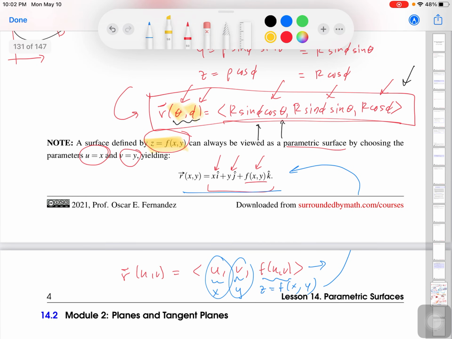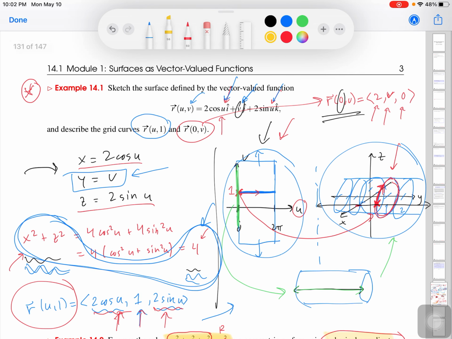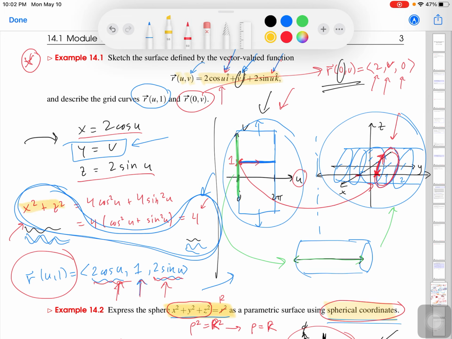It makes sense for a surface already written in terms of x and y, z equals f of x, y. It makes sense to choose your parameters to be x and y themselves. If you are just given the parameterization, then of course there's no reason to change u and v to something else. There might at some points be a reason to do that.